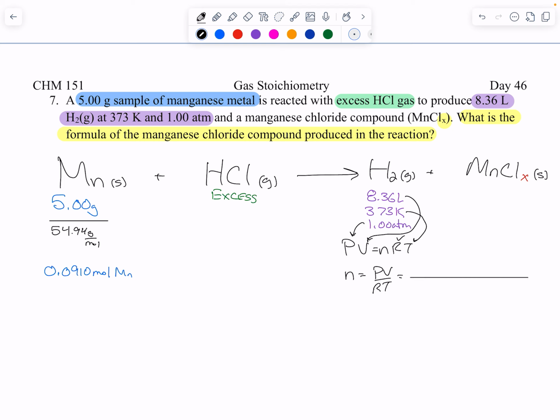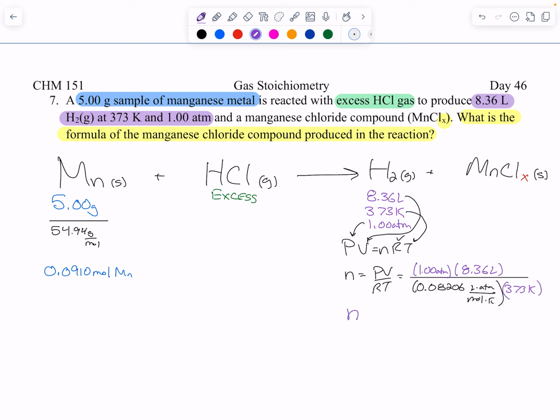So P, 1 atmosphere. V, 8.36 liters. R, 0.08206 liter atmospheres per mole Kelvin. And T is 373 Kelvin.